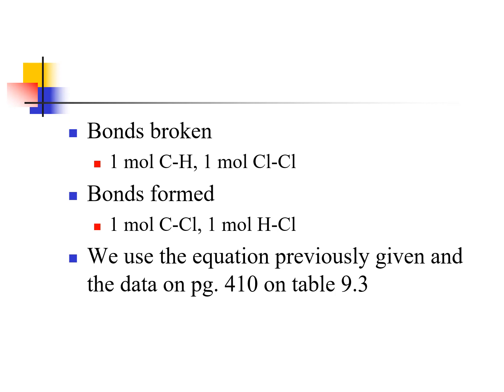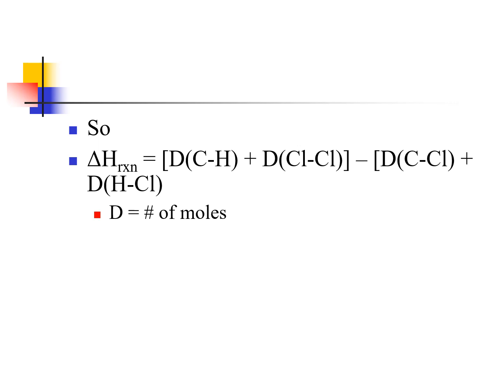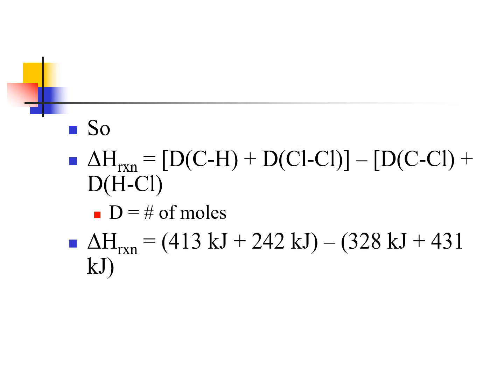And it's broken minus formed, or bonds in the reactants minus bonds in the products. So again, this is what we see. D would just be the number of moles. In this case, they're all 1. So I look up the values. So here's carbon-hydrogen, here's chlorine-chlorine, here's carbon-chlorine, and there's hydrogen-chlorine.